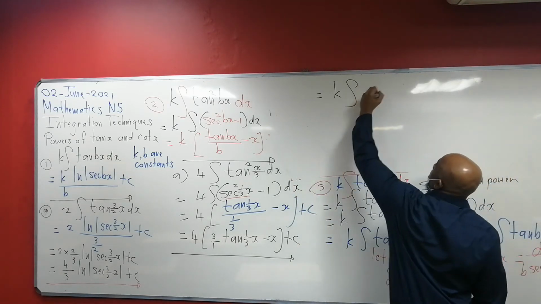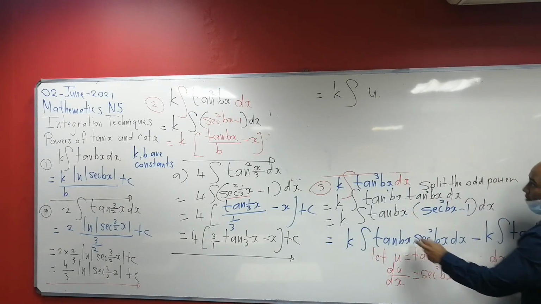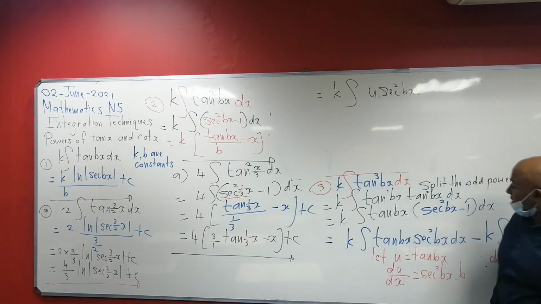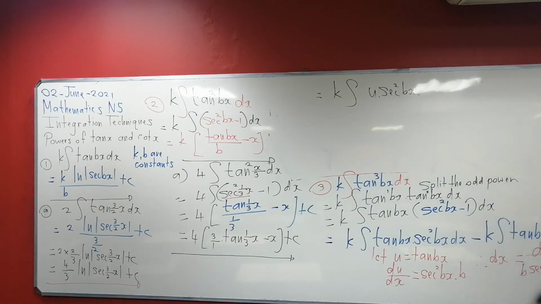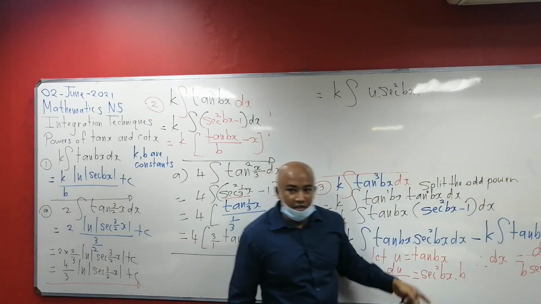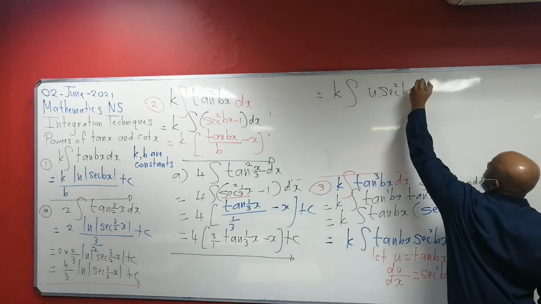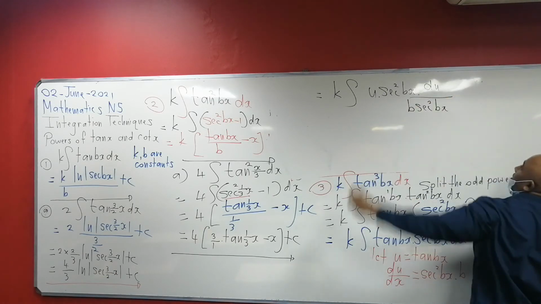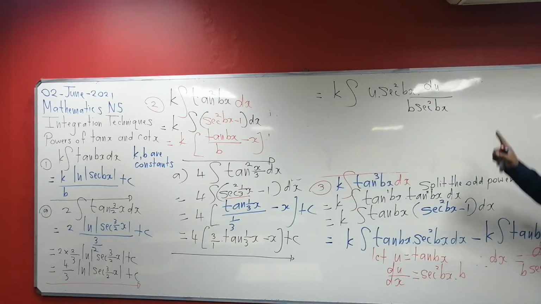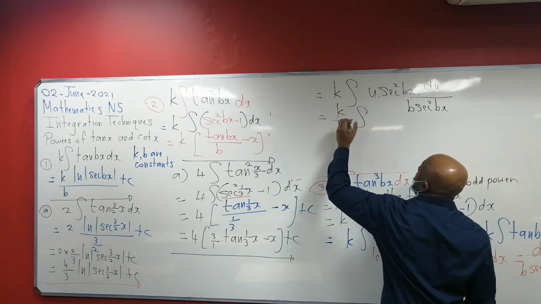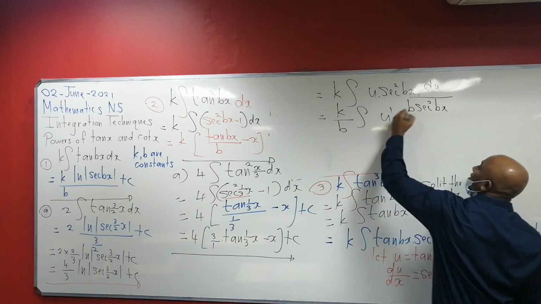So that's going to be u times sec squared bx times dx. And your dx is du divided by b sec squared bx. So clearly you can see sec squared and sec squared will cancel. So you end up with k on the top, b in the bottom, just u to the power 1 du.